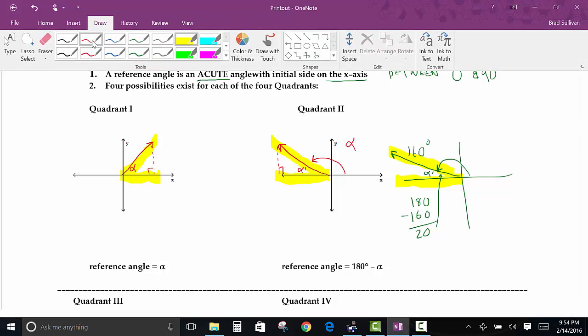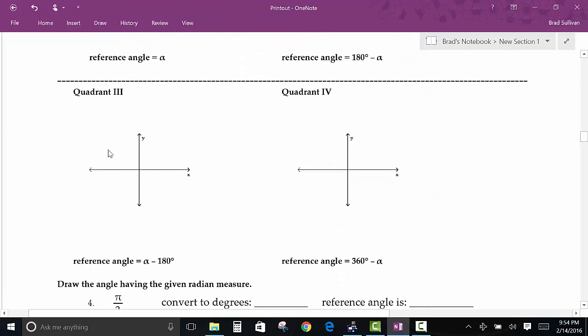Okay. Now let's look at what would happen if you're in quadrant 3. If you have a quadrant 3 angle, it's going to look basically like this. Let's draw a counterclockwise angle down somewhere in that quadrant. Again, what you do is you draw this time to the x-axis.